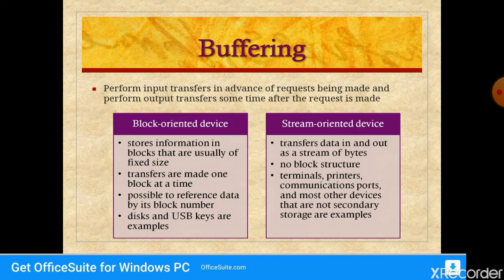So the data is transferred block by block from secondary storage to the buffer, and again from the buffer it transfers block by block to the CPU. Some examples of block oriented devices are the secondary storage disks and USBs.